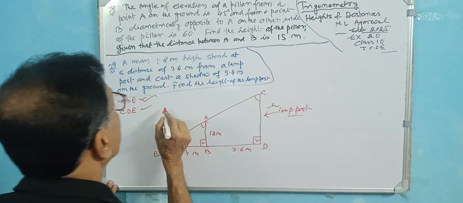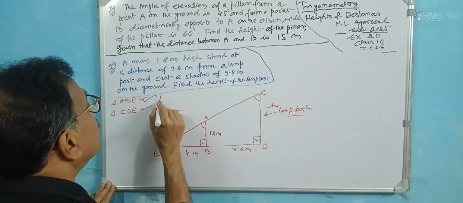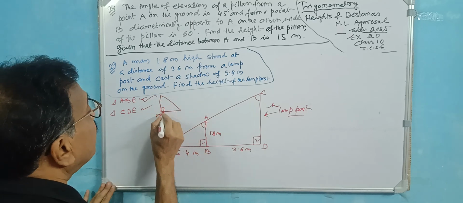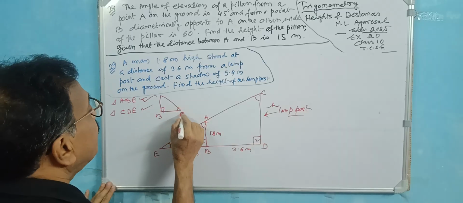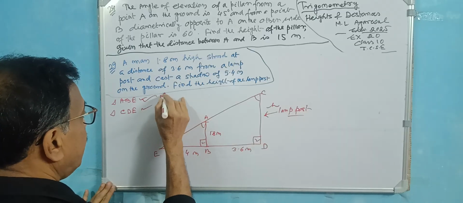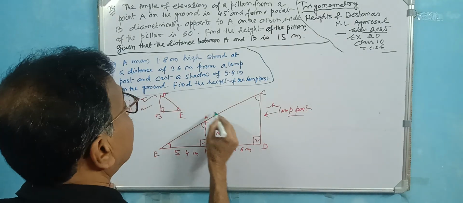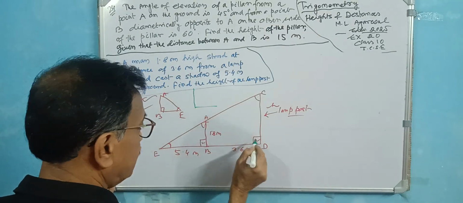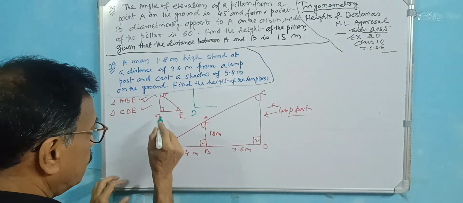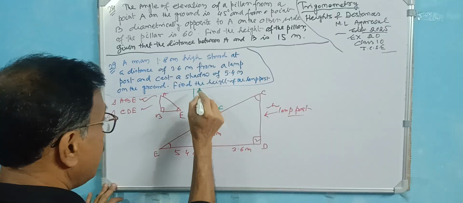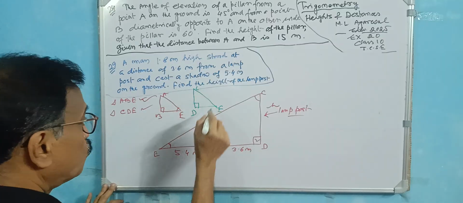In which you prove which side is equal to which side? Look, this is B, the right angle triangle. This is E, and this is A. In the other triangle, this is D, the right angle. Same order. This is 90, this is 90. This is E, this is also E, so this is C. So two triangles are similar.